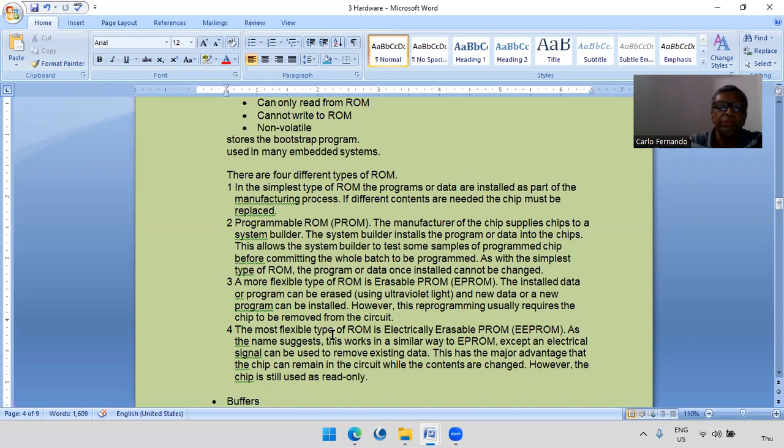The fourth one is the most flexible type of ROM, which is electrically erasable programmable ROM, EEPROM. As the name suggests, this works in a similar way to EPROM, except an electrical signal can be used to remove existing data.